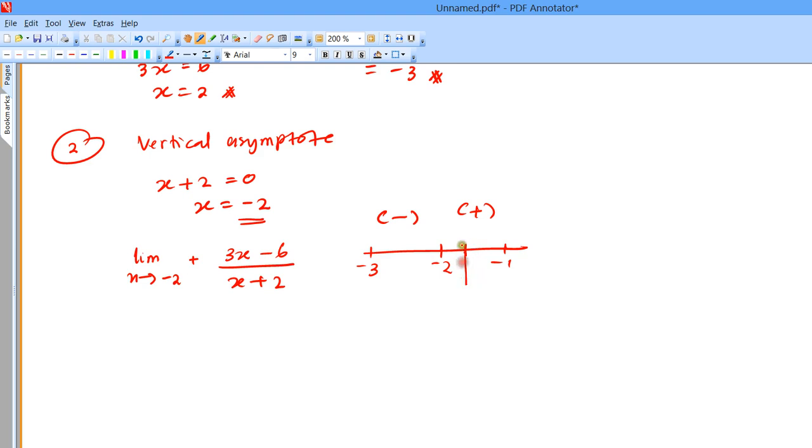Maybe you can choose x equal to negative 1.9. And then you substitute at numerator and denominator. If you substitute negative 1.9 at the numerator, you get negative sign, and then minus 6 equal to negative sign.